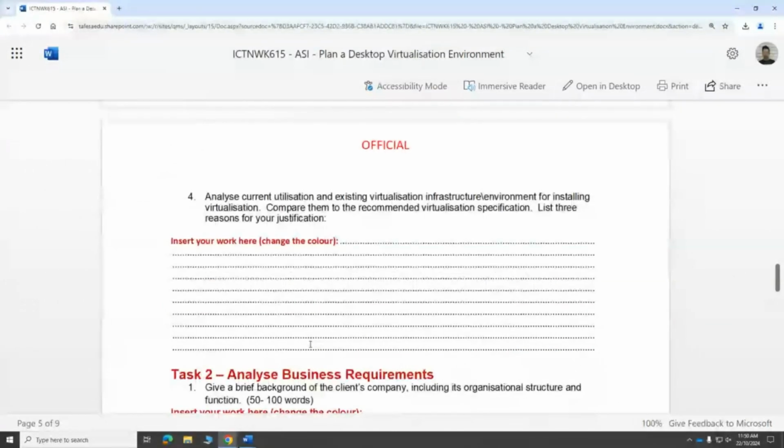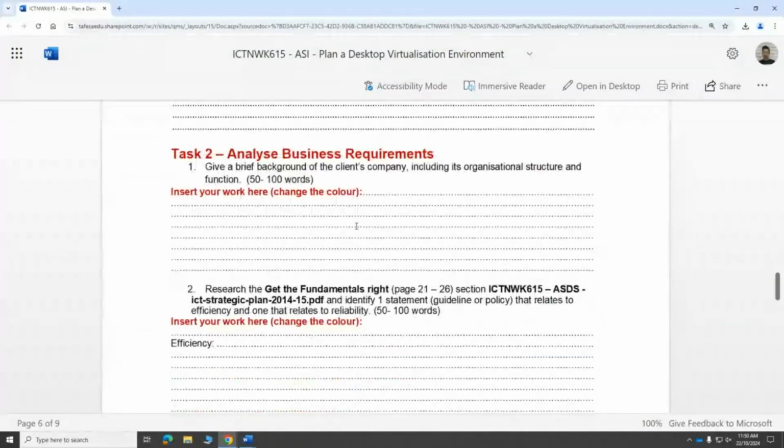And now the business requirements. So basically this has to do with how the company can make money, how it can increase its business, keep on doing business, and all those kinds of things.